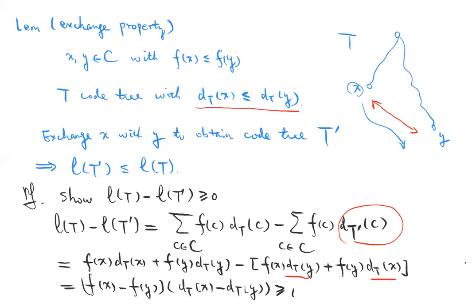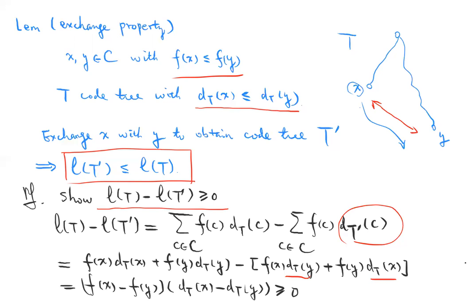By the assumption, these two are non-negative. So clearly we have this one. This implies indeed we can obtain a better code tree. Strictly speaking, the code tree is no worse than the previous one.